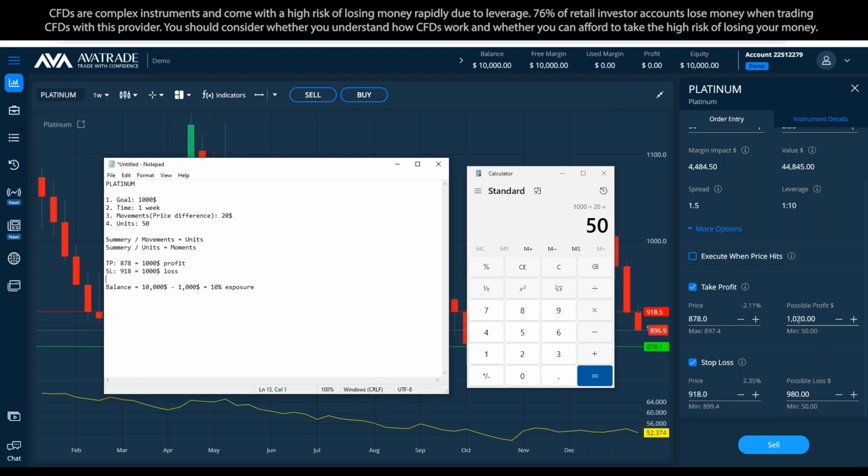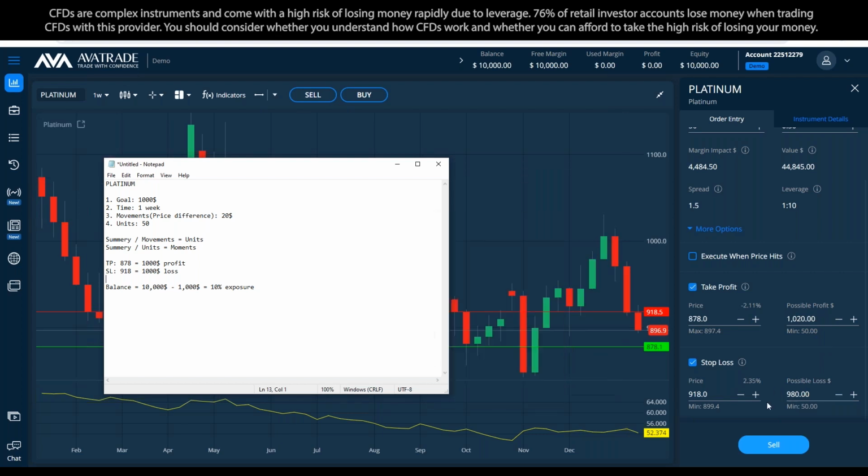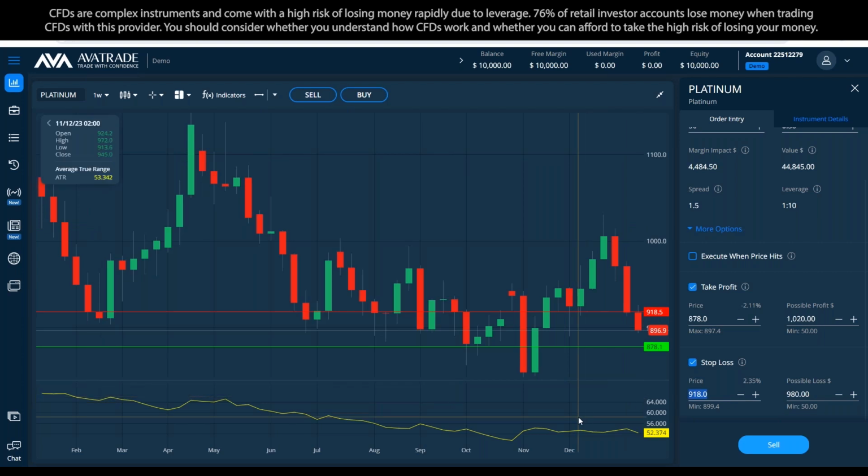So let's suppose that I want to keep my 1,000 in profits, and I want to reduce my loss. What I can do is change the stop loss here from 918 to 912, then I lose less, right? Or even let's make it 913.